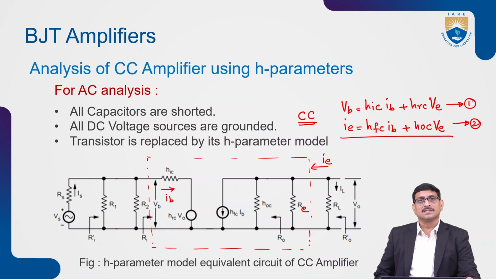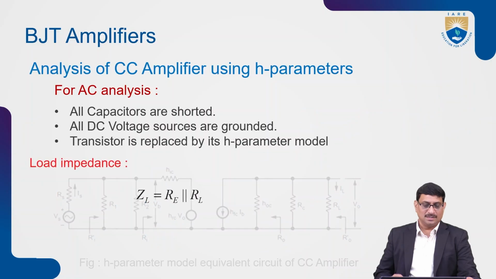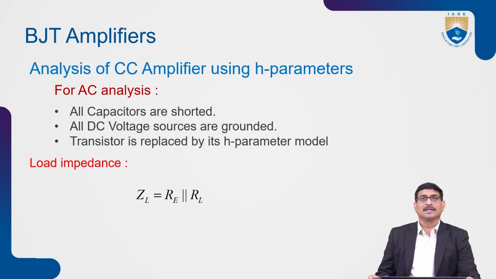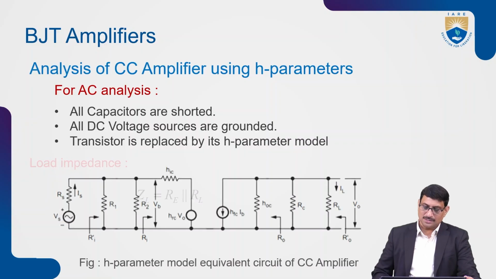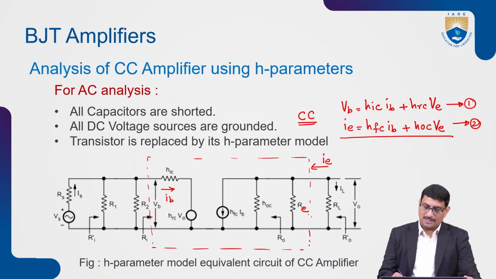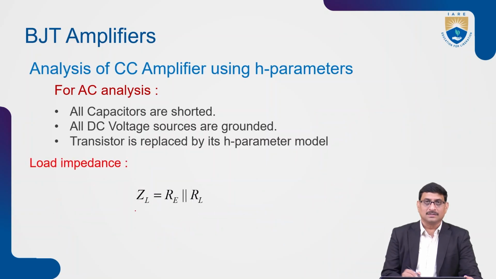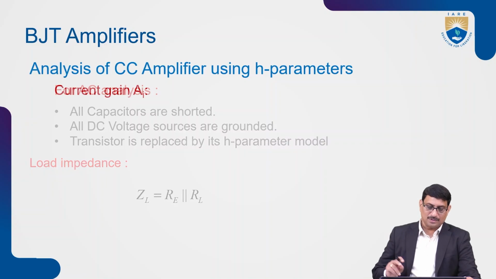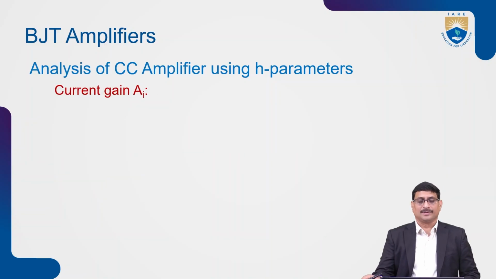Let us take the first analysis parameter, which is the current gain. Before going to the current gain, let us see what the load impedance is. RE is in parallel with RL. Therefore, I consider ZL, the load impedance, equal to RE in parallel with RL. Now we start to calculate the current gain.